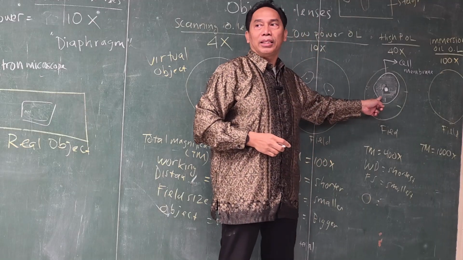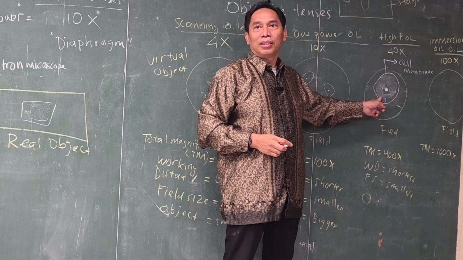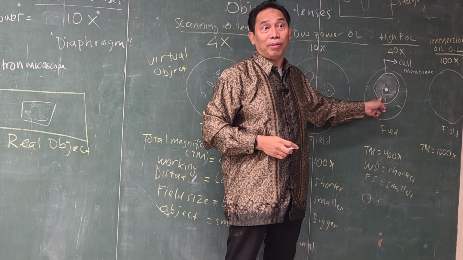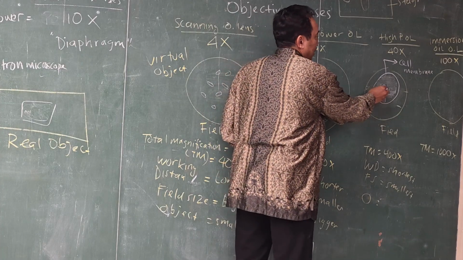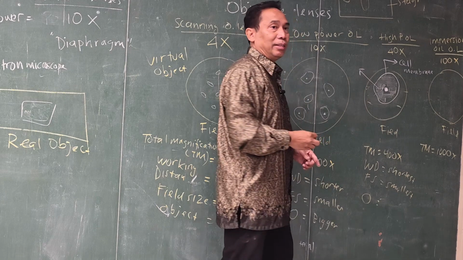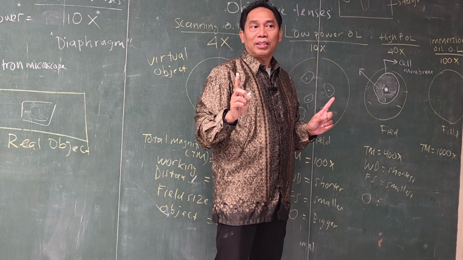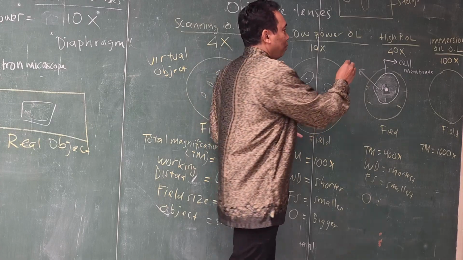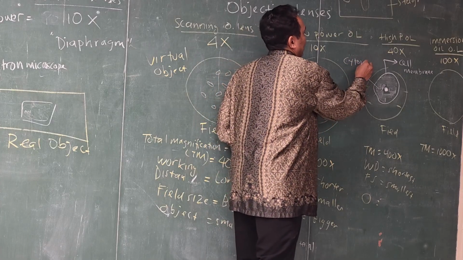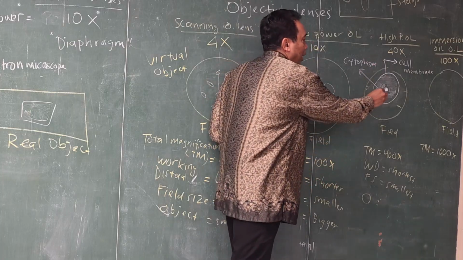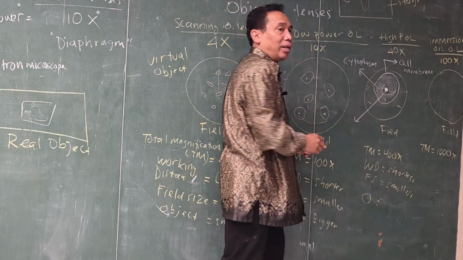Does this cell have a cell wall? No, because it is an animal cell. Animal cells do not have a cell wall. What do you call the inside of the cell? It's called the cytoplasm. What do you think is the darker dot in the middle?